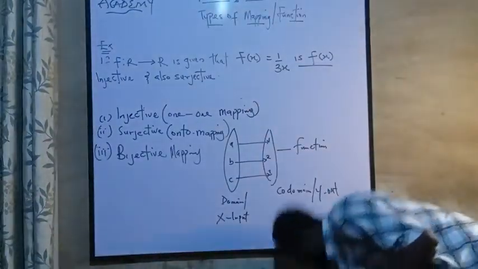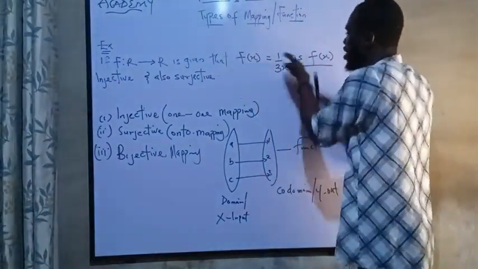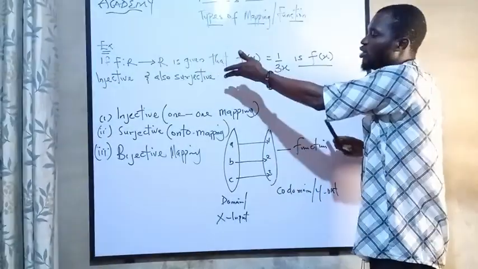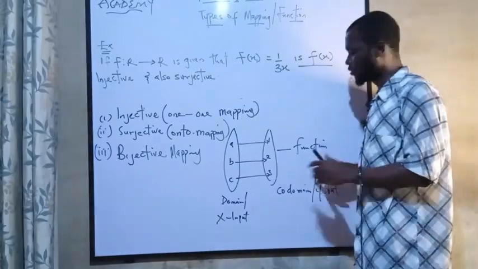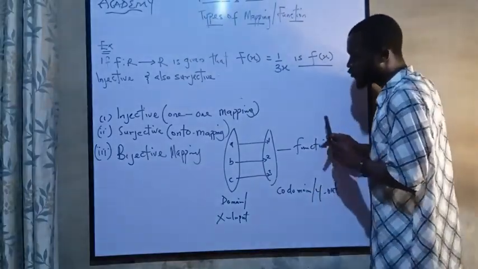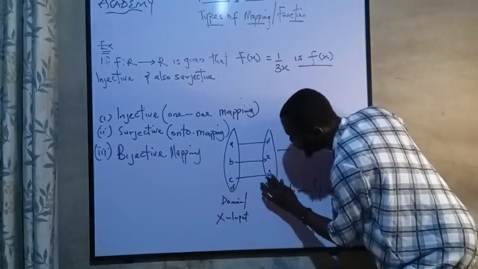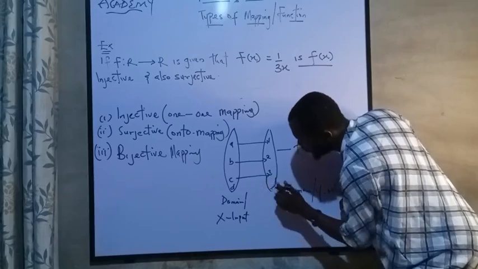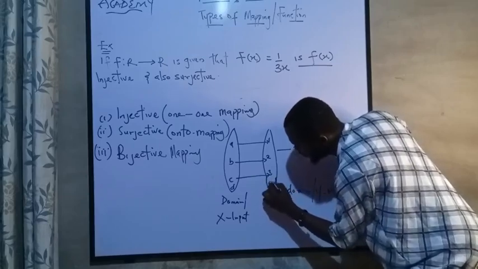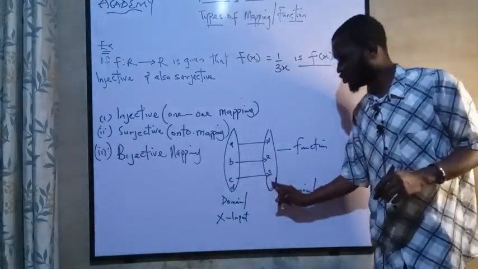Now let's see. I've used a diagram to explain that, but we are not given any diagram to explain injective and surjective. But once you get this, you can. Now what if I have it like this? Maybe I have D here, and there's nothing here.